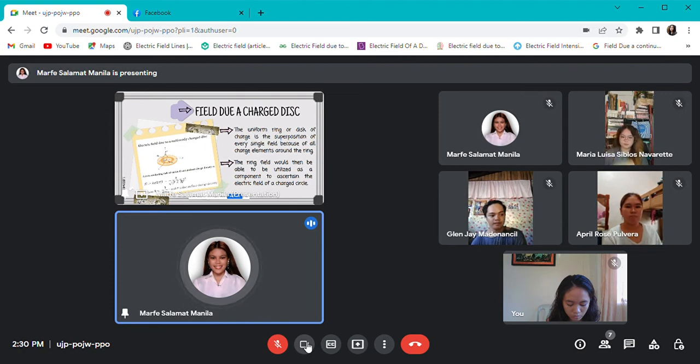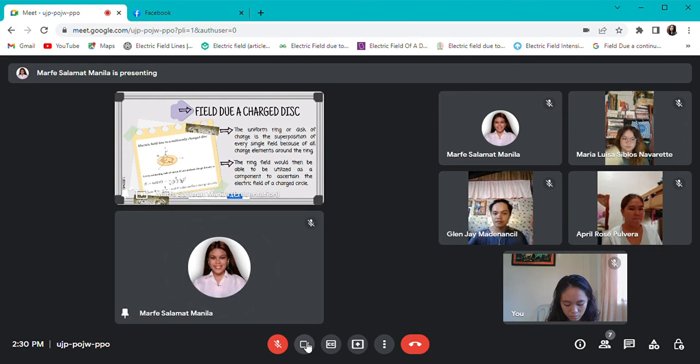Due to the presence of all charge elements surrounding the ring, the uniform ring or the disk of charge is the superposition of every single field. So by including the charge ring, this can be encouraged. The electric field of a charged circle might thus be determined using the ring field as a component. So thank you for that.